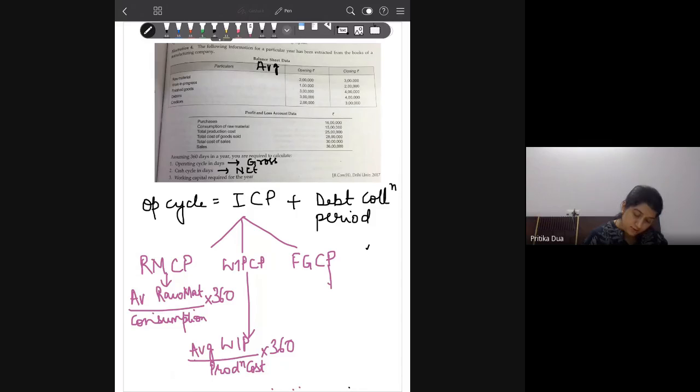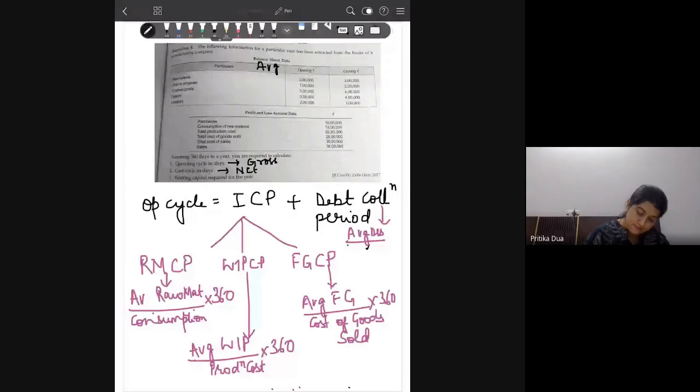And for finished goods, it will be average of finished goods divided by cost of goods sold into 360. So please start solving. This is the first part, operating cycle calculation.